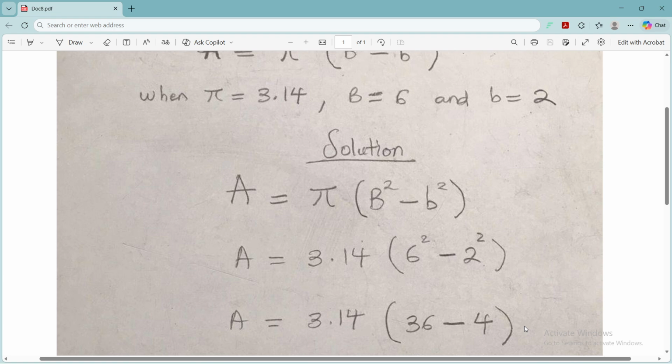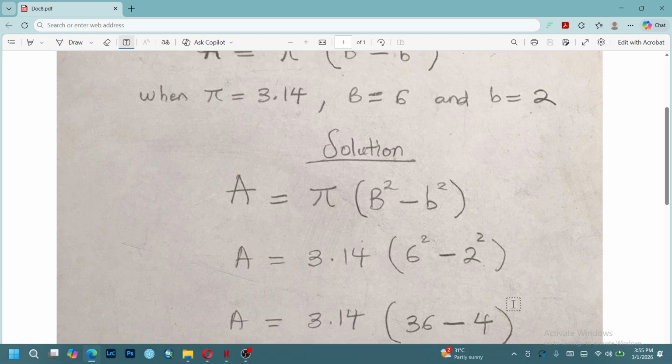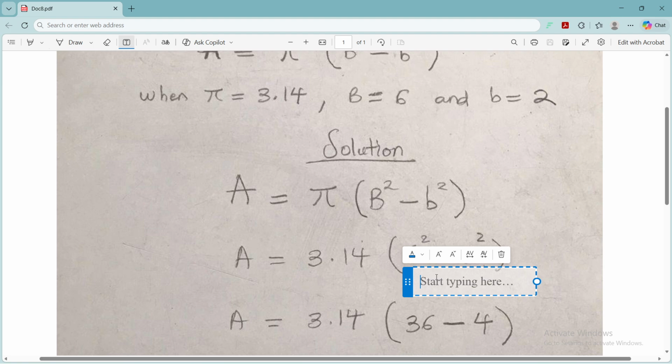We're going to have A equals 3.14 multiplying, in brackets, 36 minus 4. So 6 squared is 6 times 6, right? 6 times 1 is 6, 6 times 2 is 12, 6 times 3 is 18, 6 times 4 is 24, 6 times 5 is 30, 6 times 6 is 36.